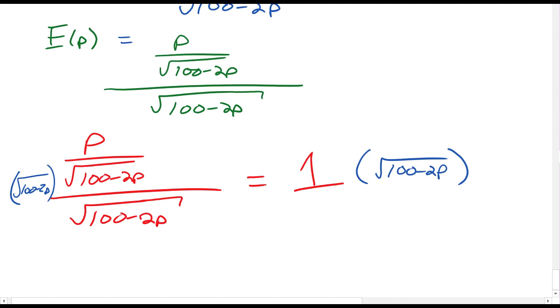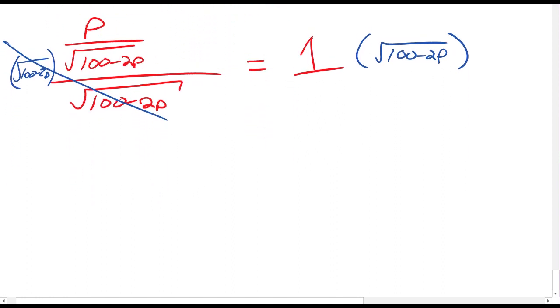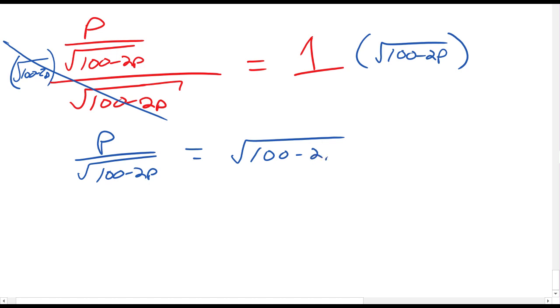Sorry for the cramped handwriting there. Left side, those are going to cancel. So on our left side, we're left with just p over the square root of 100 minus 2p. That's the denominator of that complex fraction there. Equals, on the right side, we're left with just the square root of 100 minus 2p.